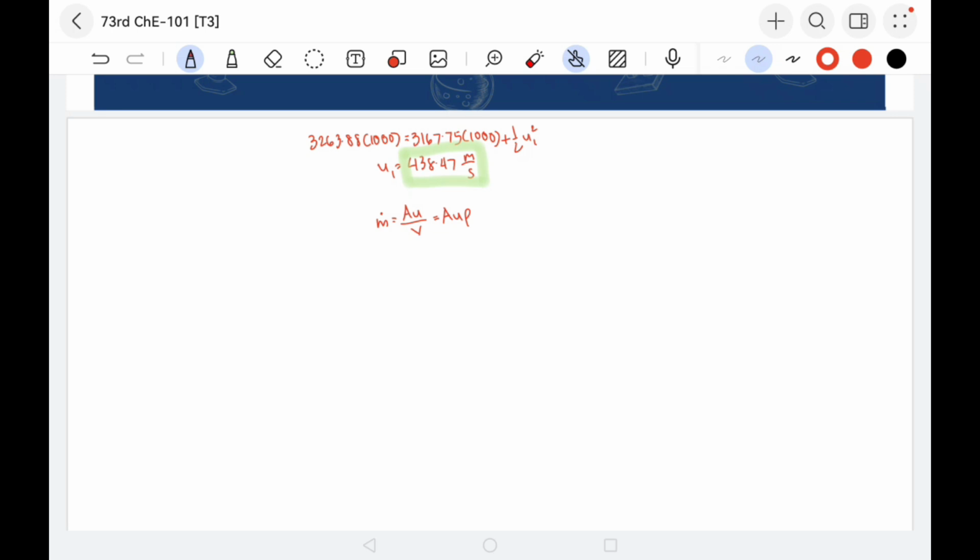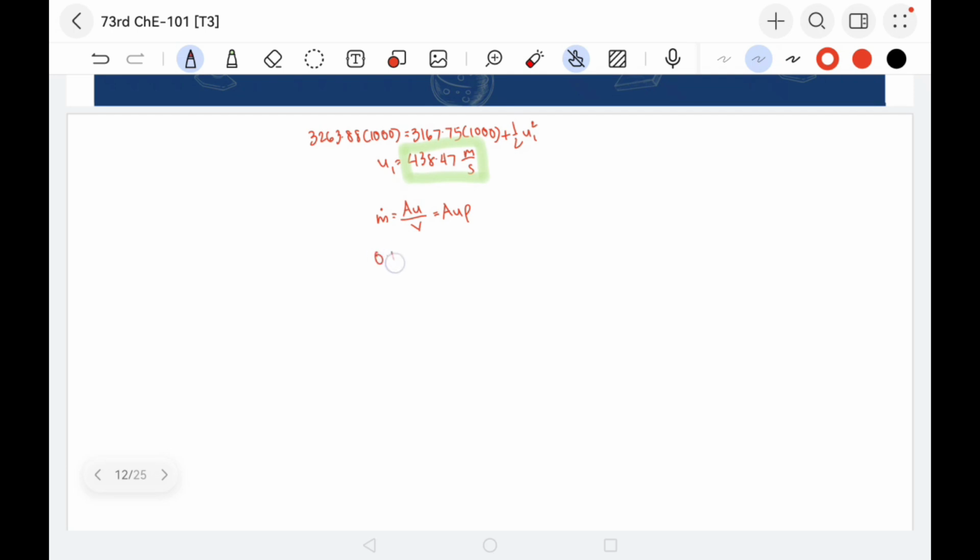Since we know the mass flow rate, the velocity, and the specific volume of the inlet stream, let us input our values: 0.1 equals area times 438.47 over 0.57012 to get a value of area of 0.00013 meter squared or 1.3 centimeter squared, which is the answer for this problem.